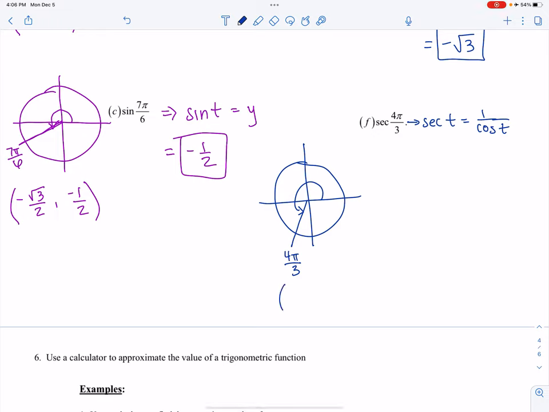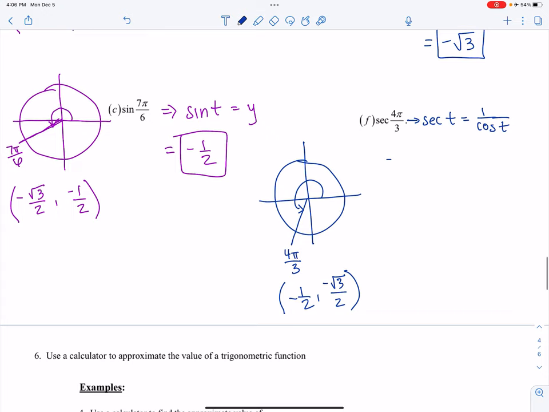And our coordinates here are negative 1/2 and negative root 3 over 2. Secant is 1 over cosine, so that would be 1 over negative 1/2, which is negative 2. And we have done it. All of our trig functions at different angles around the unit circle, whether it's in degrees or radians. We should be able to find these angles and then use our properties of trig functions to determine what these values are.